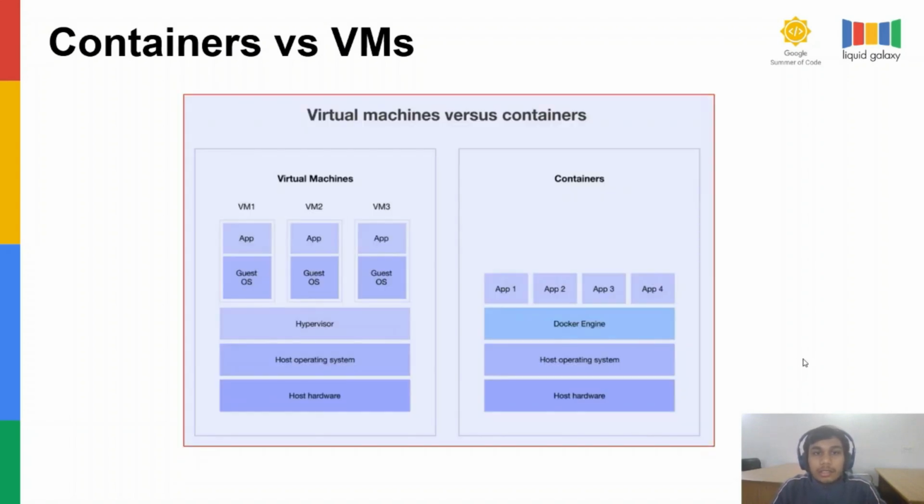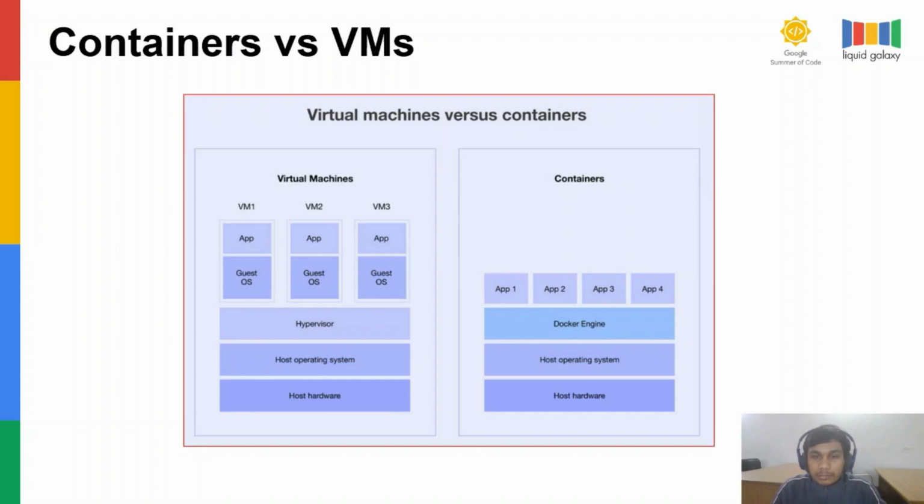Now, as you can see here and ponder, in a VM, they have their own app and guest OS connected with the client side with the host operating system. Here, the guest OS and host OS both work in synergy, in cooperation, of course, and that explains why a VM is rather slower and bulky. Because, of course, the guest OS, that too multiple, takes a lot of resources as compared to your containers.